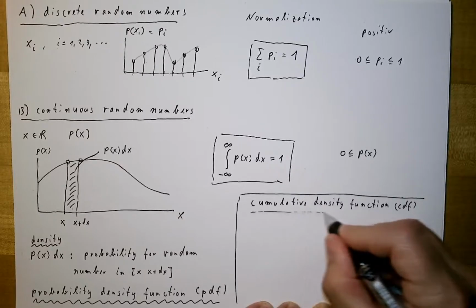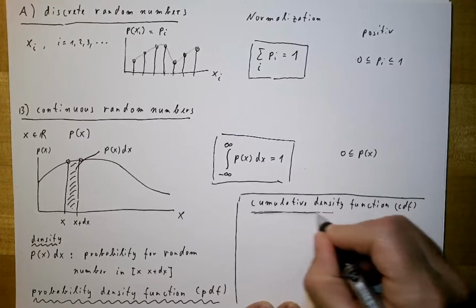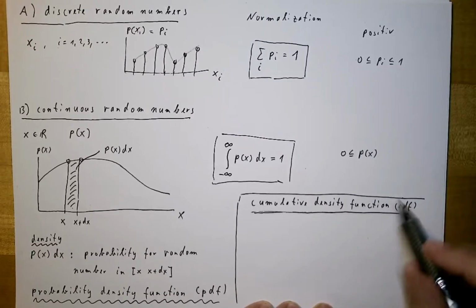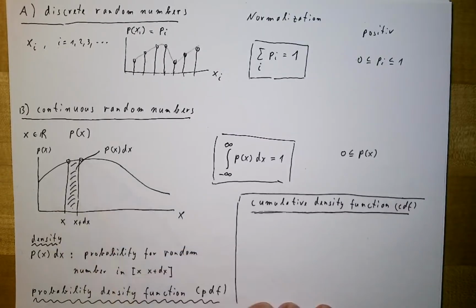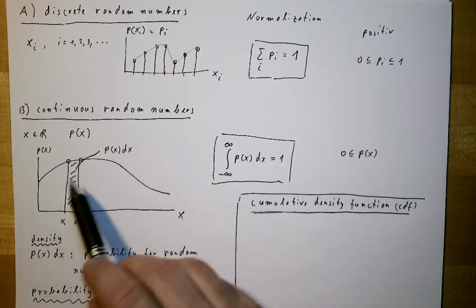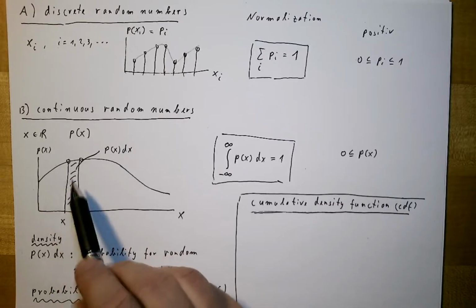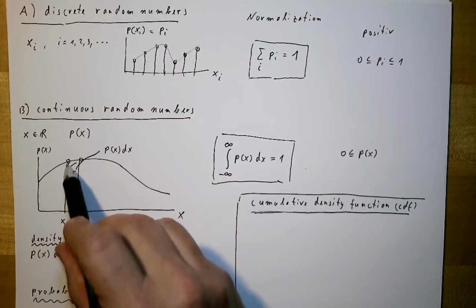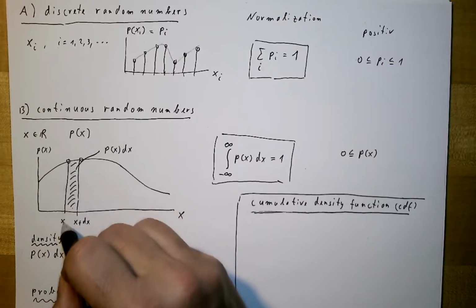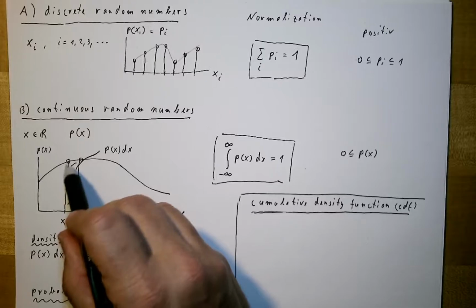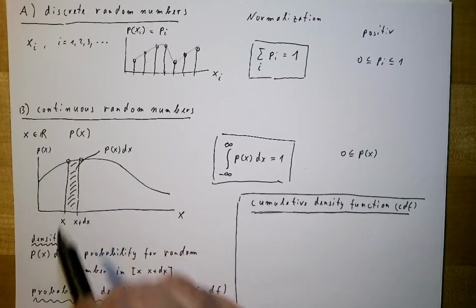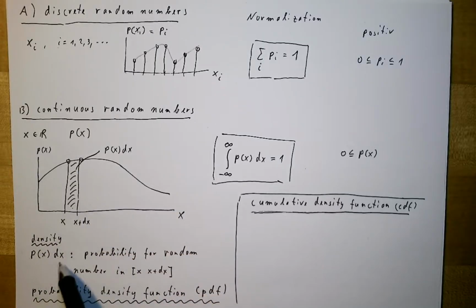The cumulative density is an alternative way to show the distribution, and it has the advantage that we really have probabilities. The problem with this density is that the value p of x at the position x cannot really be interpreted because it's not a probability by itself. We always need to integrate.